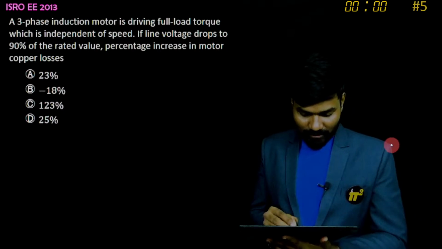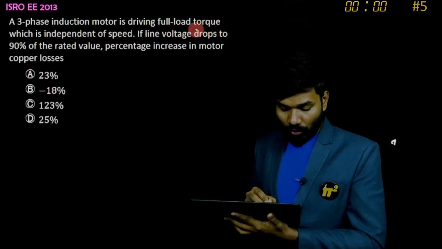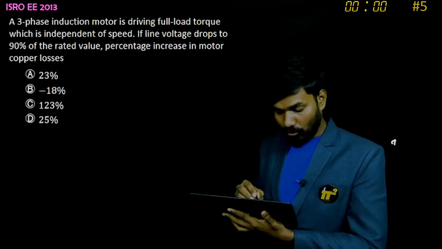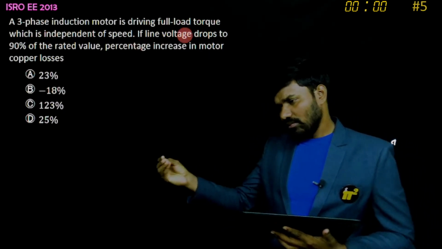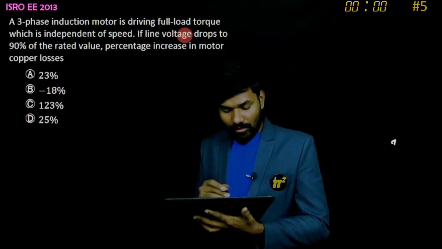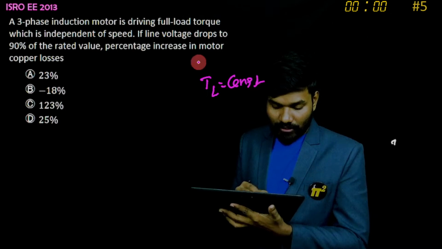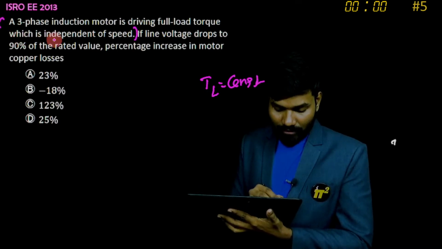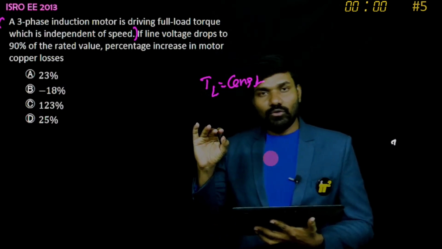Let's get to the question. A three-phase induction motor is driving a full load torque, and the torque is independent of speed, because it is saying the load torque is constant. That's what he is trying to say. In this line, independent of speed means the load torque is a constant load torque.